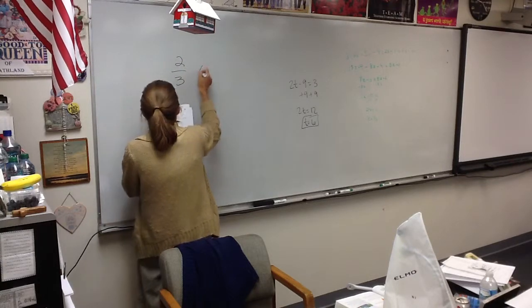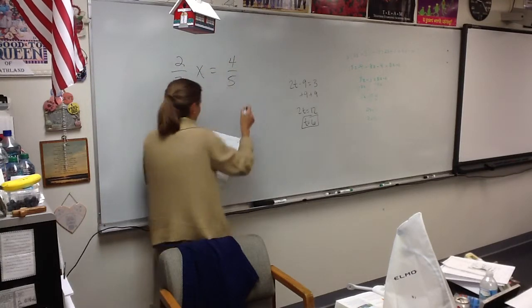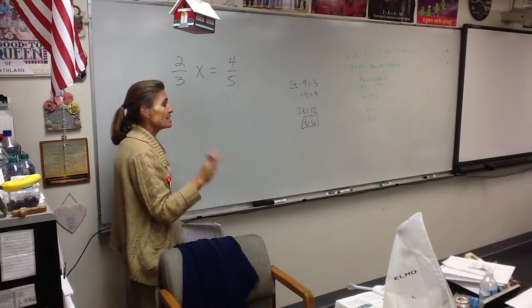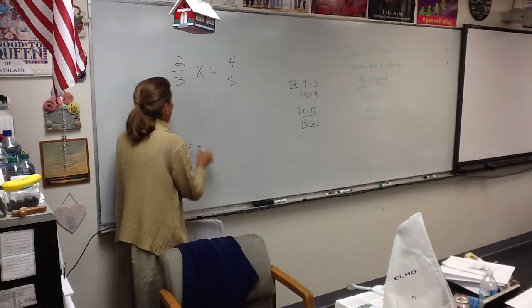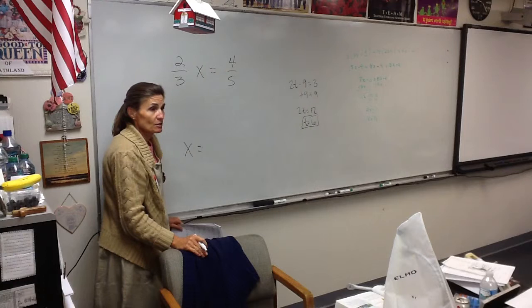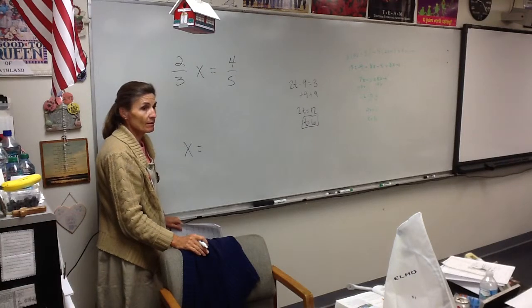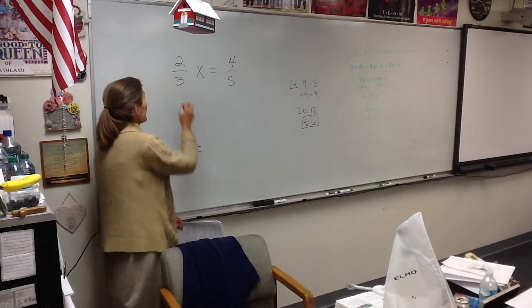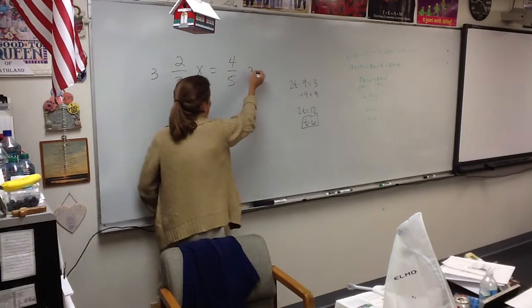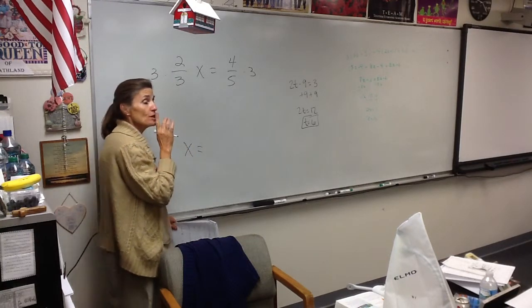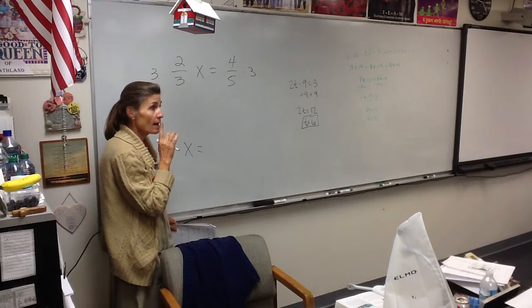You can do this in one step, or you can do it in two, whichever makes sense to you. The idea is, ultimately, I want to know what x equals. So I need to get rid of that 2/3. One option I have is to times both sides by 3. Did you hear me say one option? What does that imply?